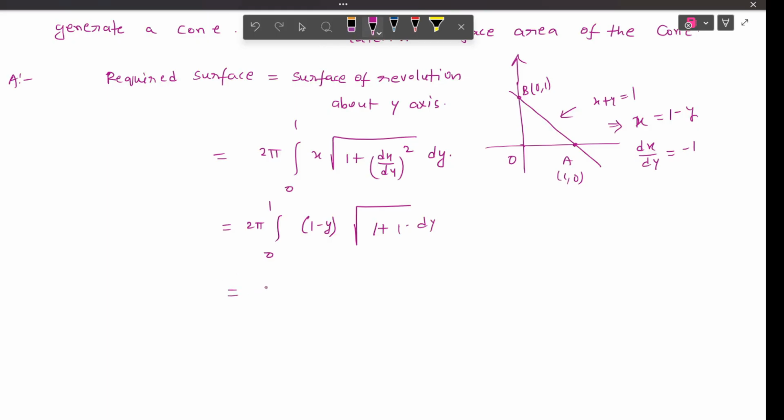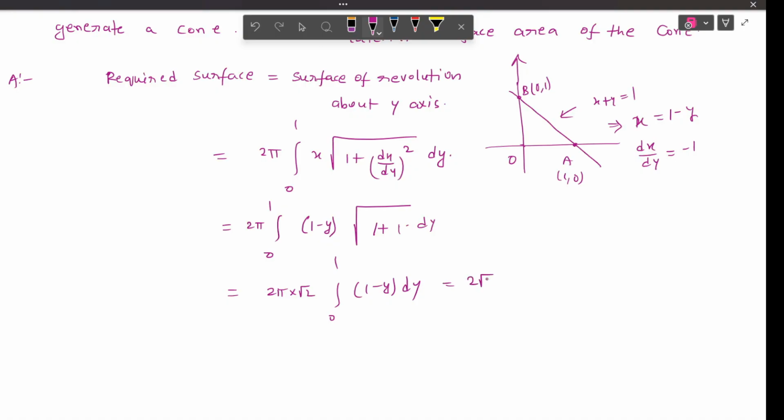So this would be 2 pi, and here we have root 2. So into root 2, integration 0 to 1, 1 minus y dy. So 1 into dy will be y, and this is y square by 2, if you put the 0 to 1 limit.